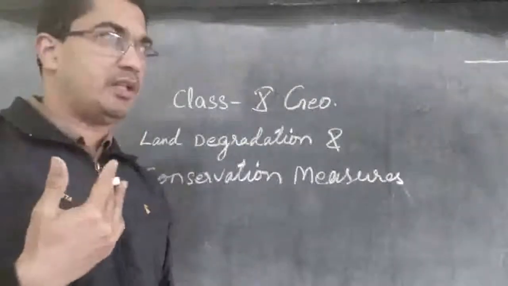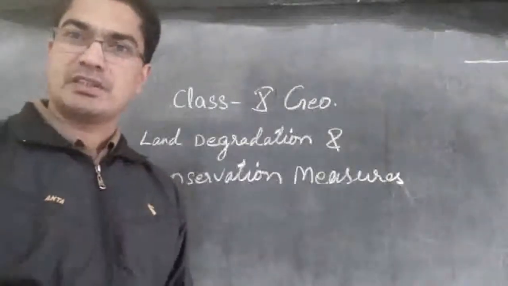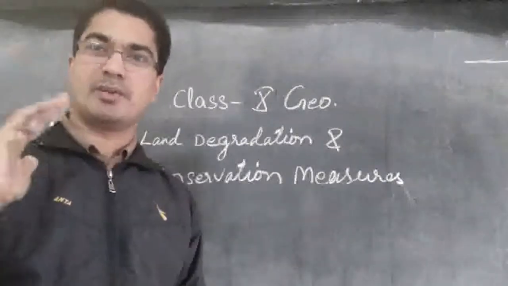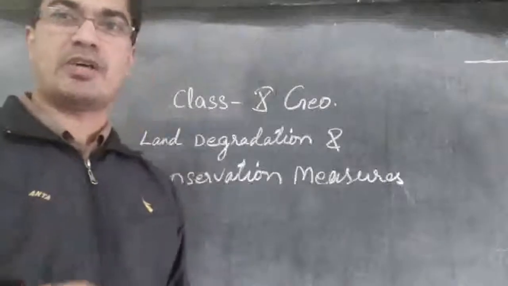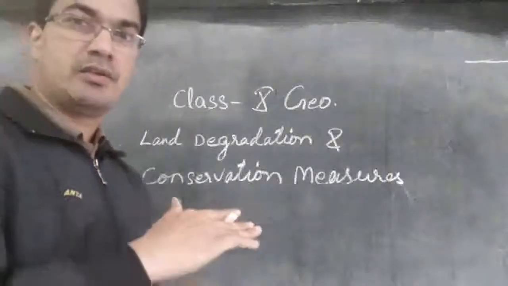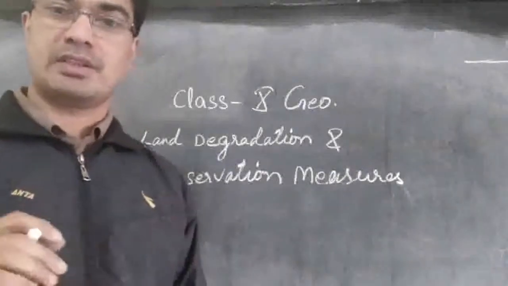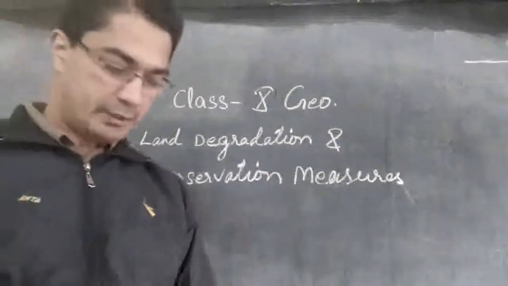Otherwise, we will be moving out from this earth and the land also will be moving out. So, we cannot think about the future generations surviving on this earth if the present state of degradation is continued. So, let us see what are the measures to be taken.